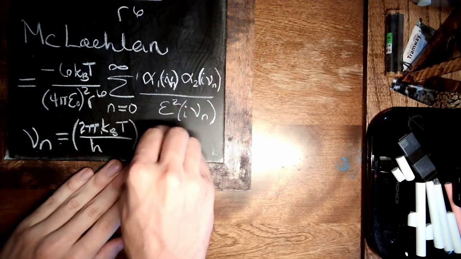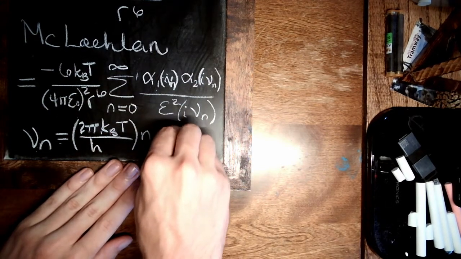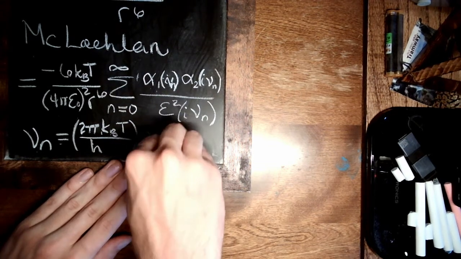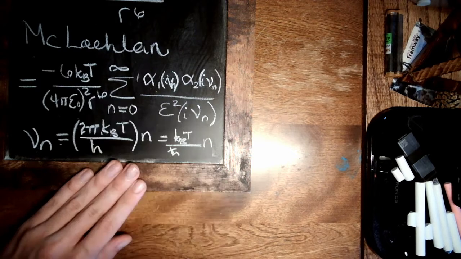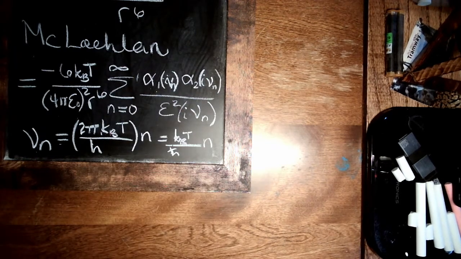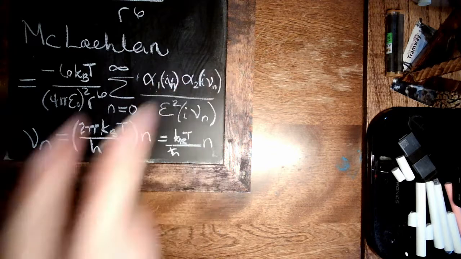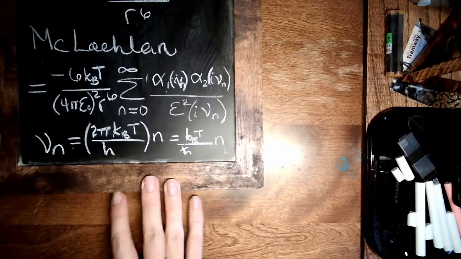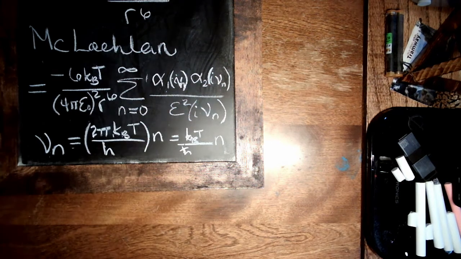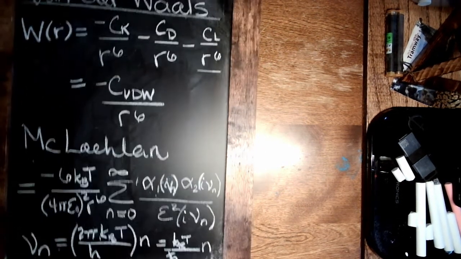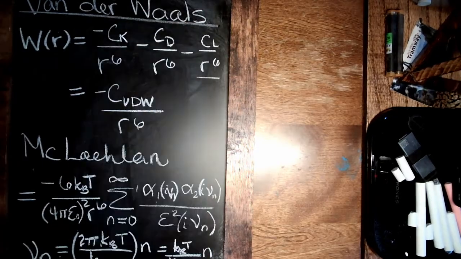So it gets even simpler. It's kBT over h bar times n. So that's simply our expression. These nus all have to do with the energy of the system. And we'll now take a look at expanding this infinite series to see if we can recover the Keesom, Debye, and London energies.